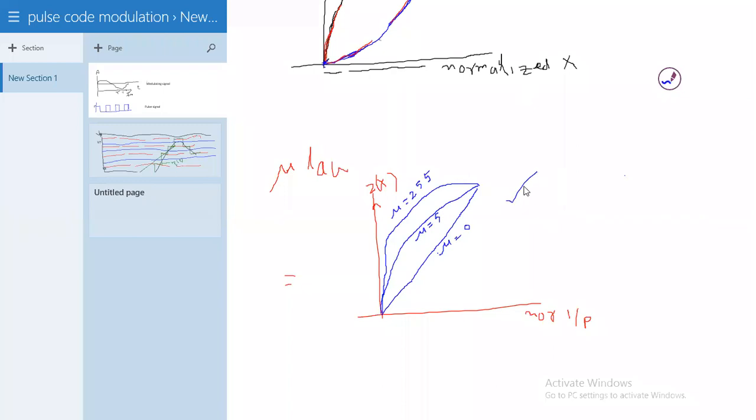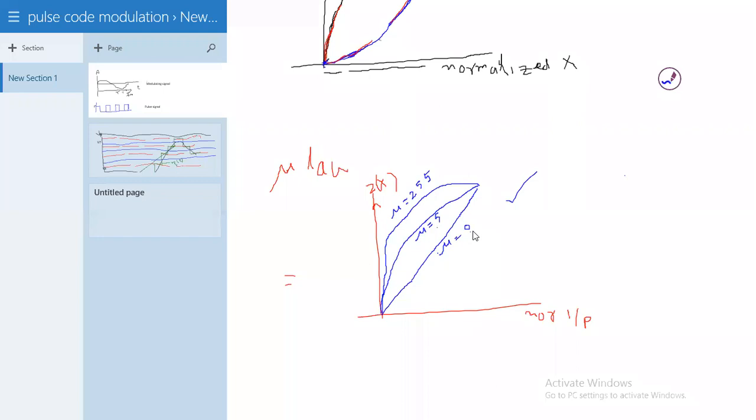Here we can observe that mu is equal to 0 gives uniform quantization. That means if the weak signal is present or the strong signal is present, we apply uniform quantization without any modification. If mu is equal to 5, non-uniform quantization takes place.